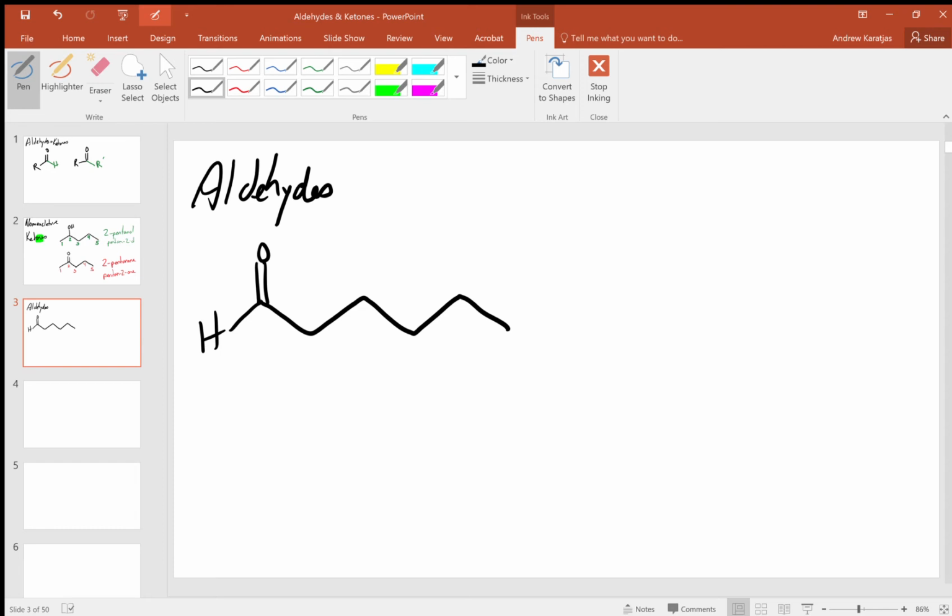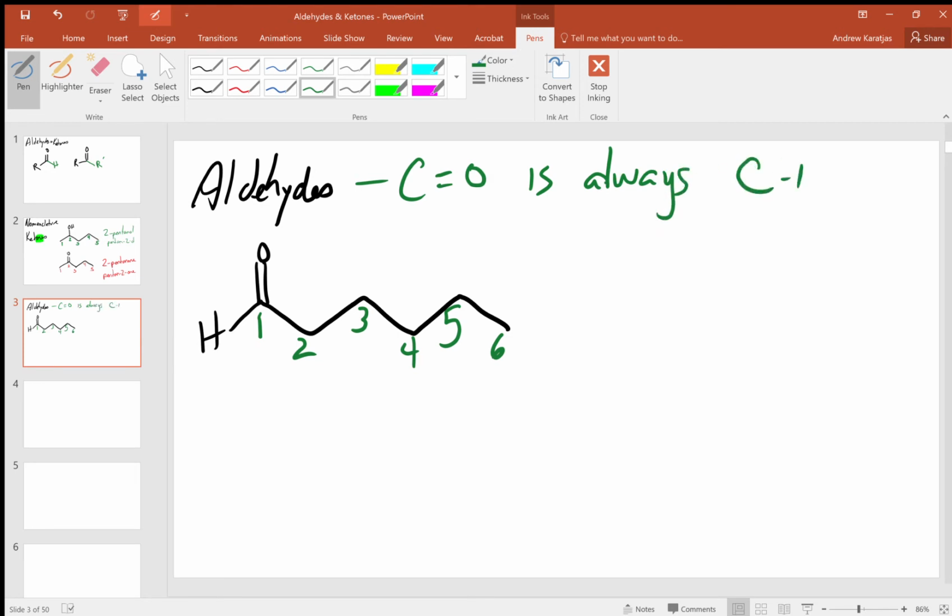Because it's a carbonyl bonded to a hydrogen, the chain always terminates where there's an aldehyde. And so because of that, the carbonyl of the aldehyde is always carbon number 1.